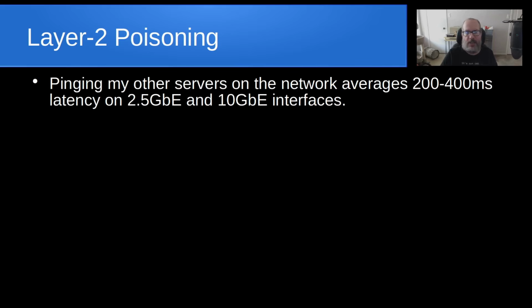So now the title of this slide is Layer 2 Poisoning. So pinging my other servers on the network, we're averaging 200 to 400 millisecond latency, and that was on servers that had a 2.5 gigabit NIC, and in some cases 10 gigabit interfaces.